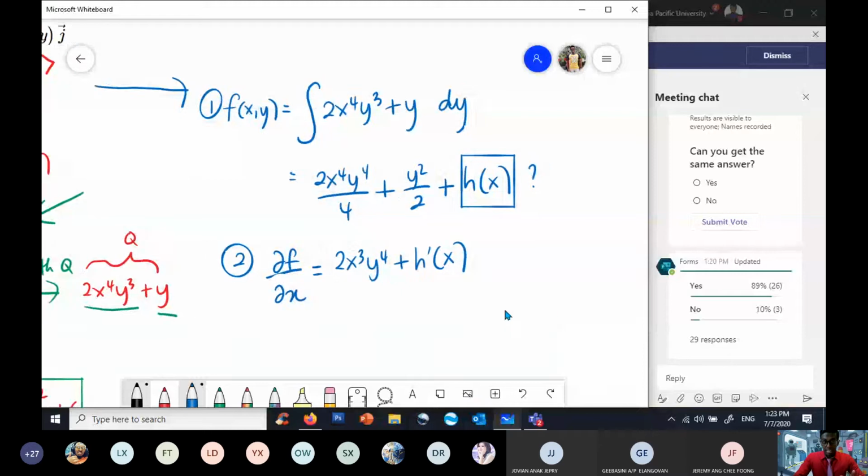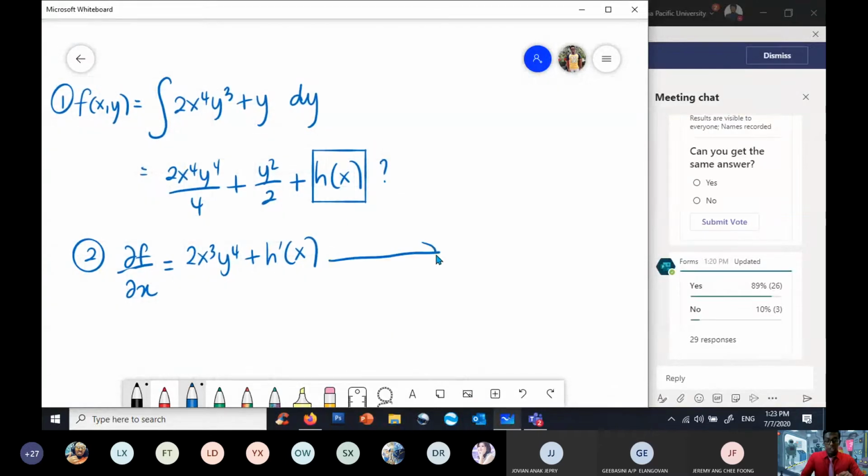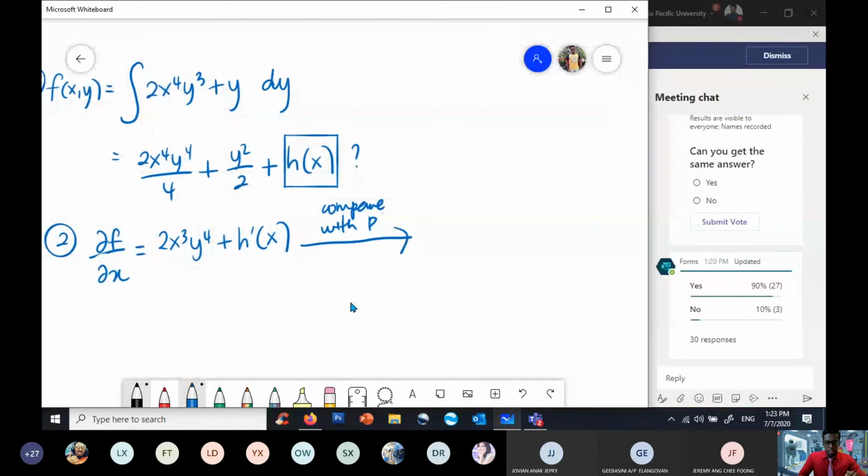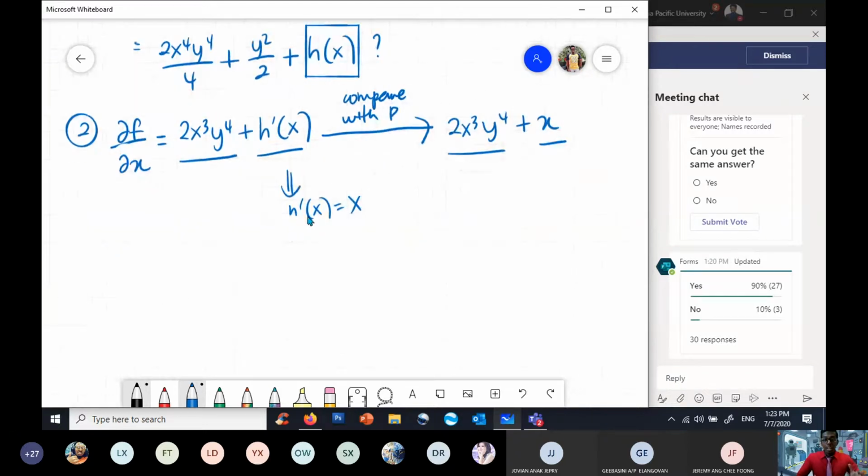And I'm going to compare whatever I get with the letter that I did not choose just now. I started from q, so I'm going to compare with p. When I compare with p, I see that my p is 2x cubed y^4 plus x. So comparing side by side, 2x cubed y^4, 2x cubed y^4, h prime x, x. I conclude that my h prime x is equal to x. Because of this conclusion, I don't want h prime, I want just h, without any prime.